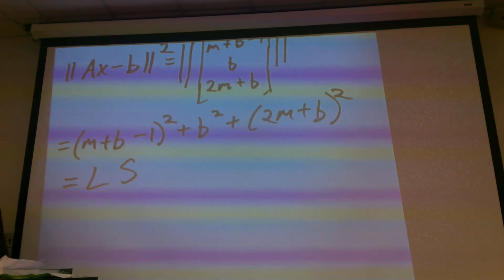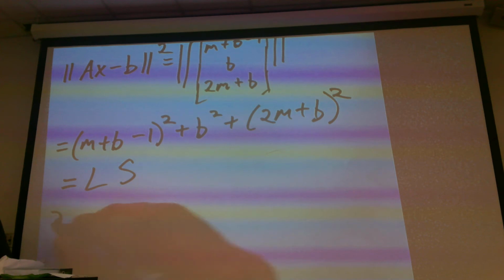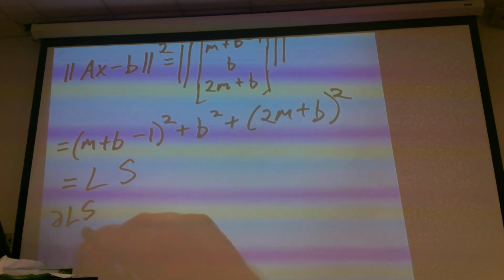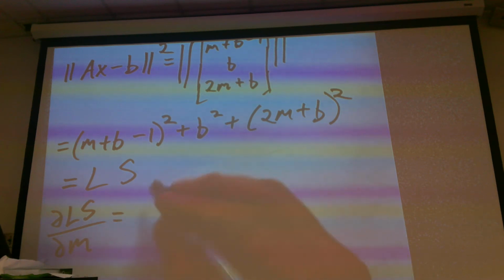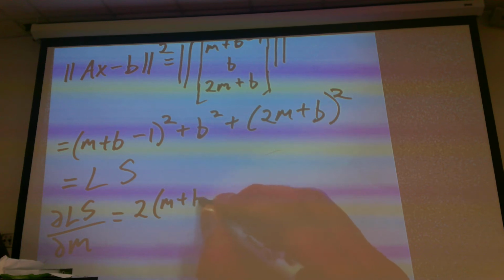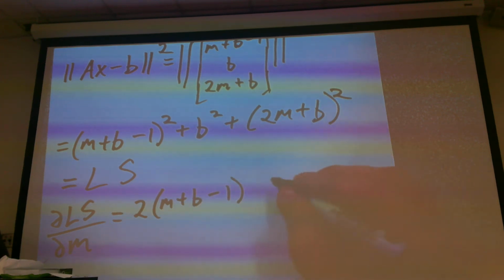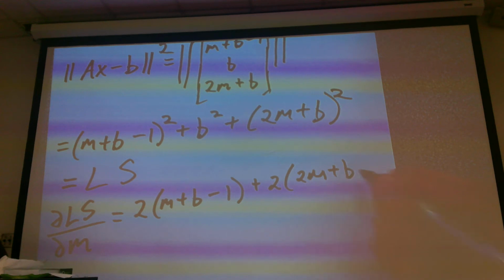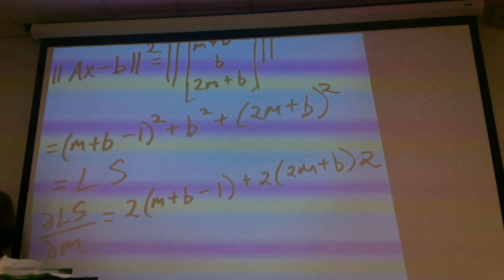The partial derivative of the least squares with respect to m is going to be 2 times m plus b minus 1, plus 2 times b, multiplied by 2 by the chain rule because of the 2m on the inside.